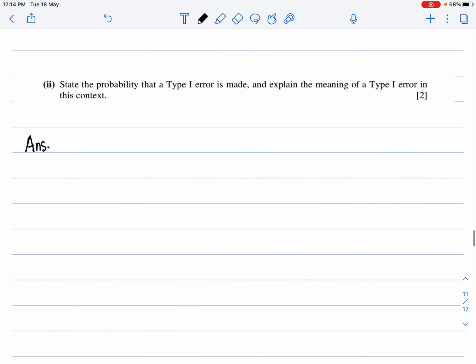Now, state the probability of a type 1 error, and explain the meaning of a type 1 error in this context. Type 1 error basically means when you reject your null hypothesis, but your null hypothesis is actually true. So, you've made an error.